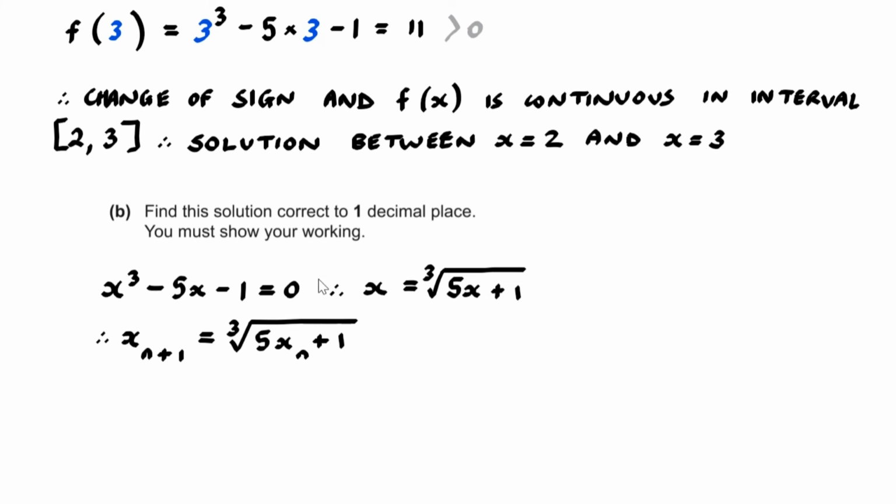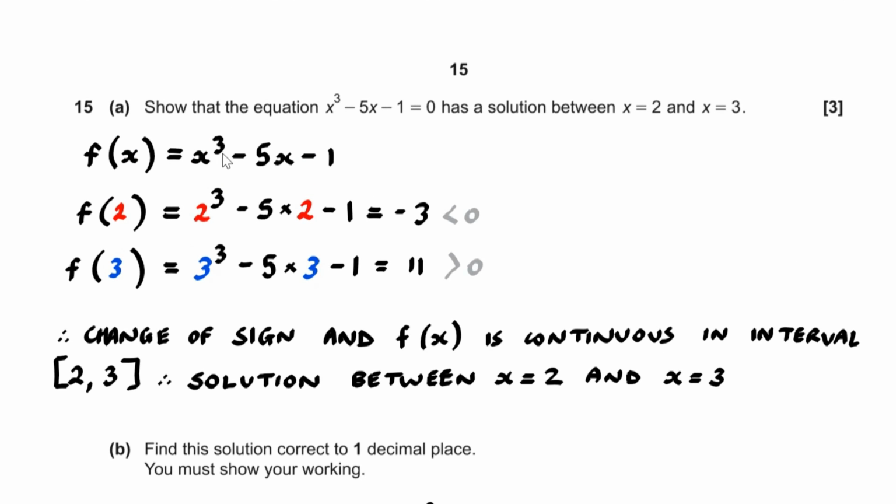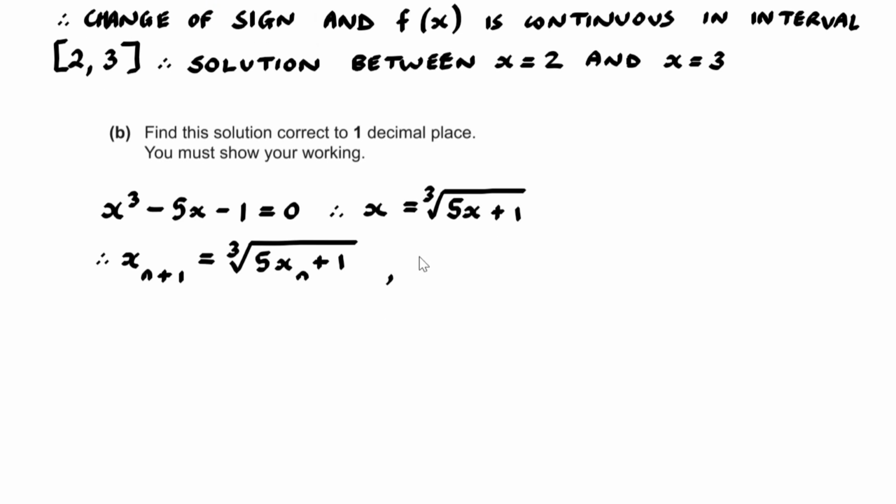So what we can do is start off with a value in between 2 and 3. For example, we could start off with x equaling 2.5. And if we substitute this into our iterative formula, x0 is 2.5.